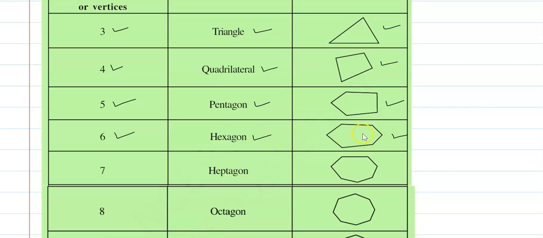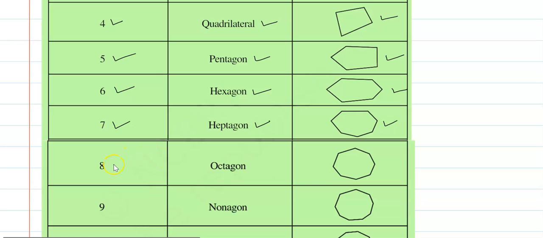It has 6 sides, 6 angles. 7 sides, then it is a heptagon, with 7 sides, 7 angles. Octagon, 8 sides, 8 angles.